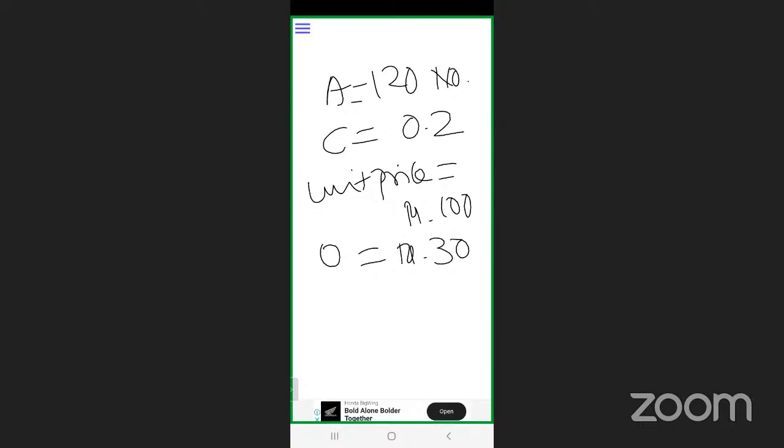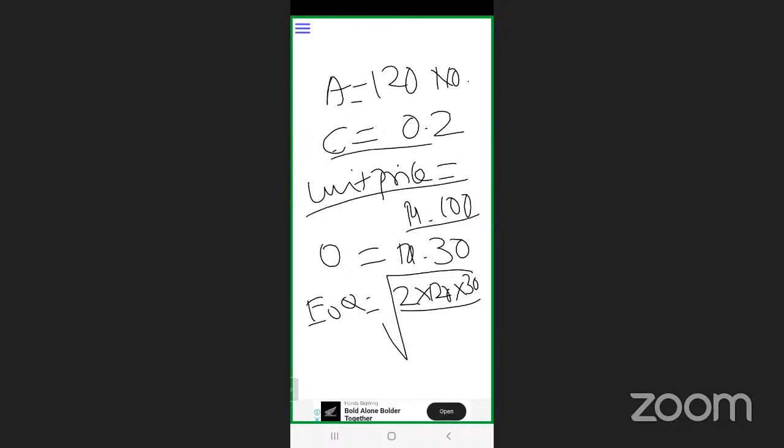So how much is the EOQ? We need to find out the EOQ. EOQ is equal to under root of 2AO by C. So how do we find out C? It is given that the unit price is 100.